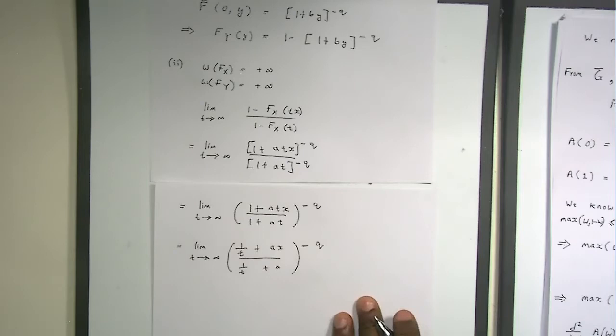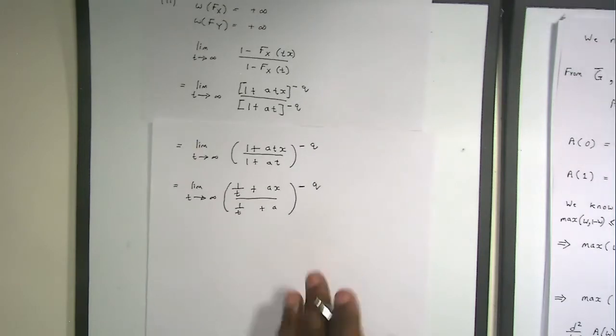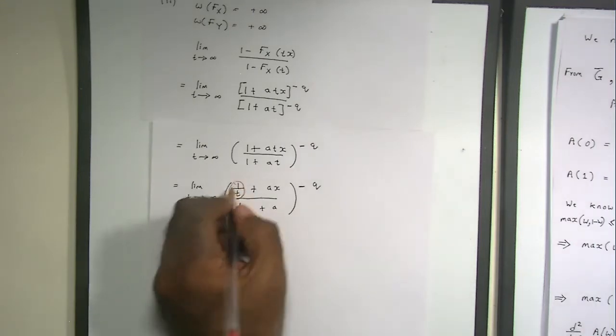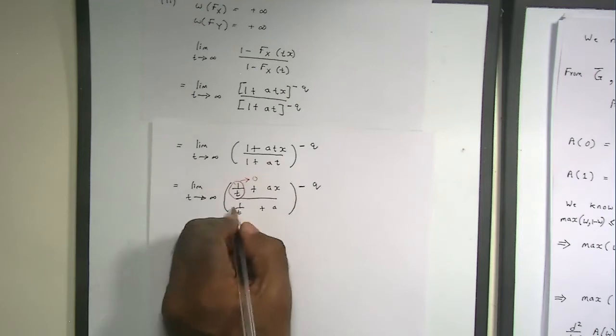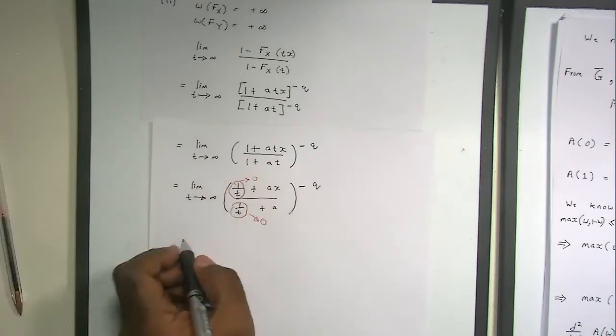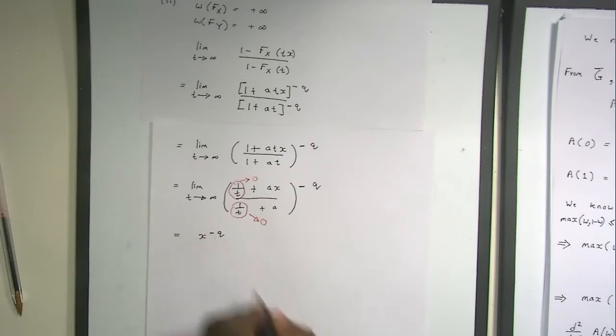Now we know that this guy here goes to 0, this guy here goes to 0, so the limit is x to the power minus q.